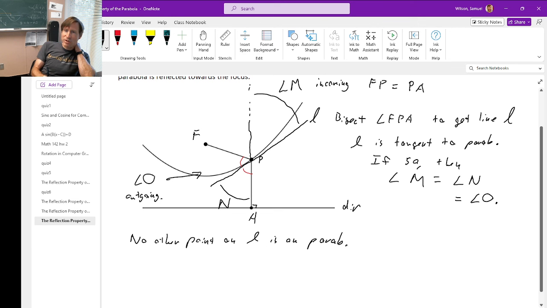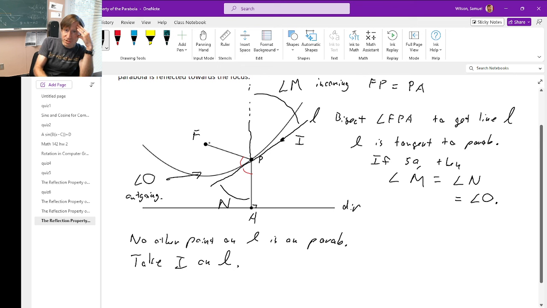If we can show that, we're done, because that means all of the parabola is on one side of this line, and that means that L is a tangent line. So let's take any other point on this line. Take any other point I on the line L, say up here.